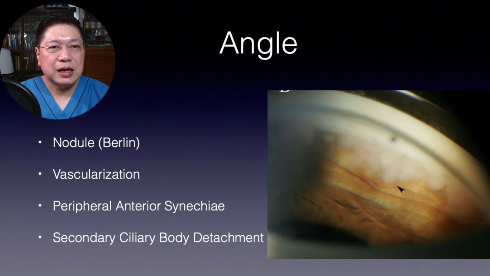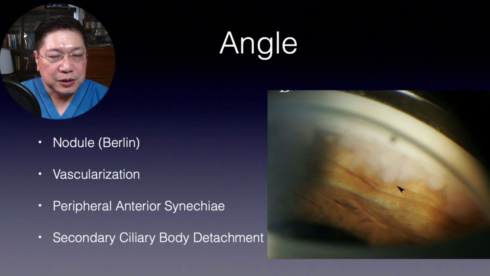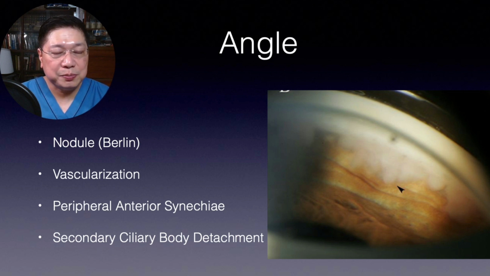Now, this is how an angle looks in uveitis. If you see nodules, those are called Berlin nodules. That's what the arrowhead is pointing at. Those round dots are nodules. You can also have vascularization, as we described earlier in the pathophysiology, of blood vessels in the angles.